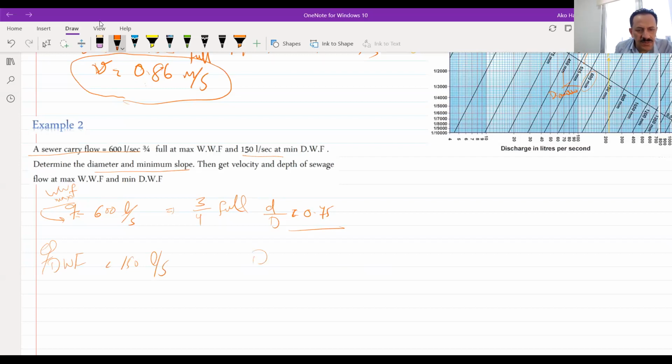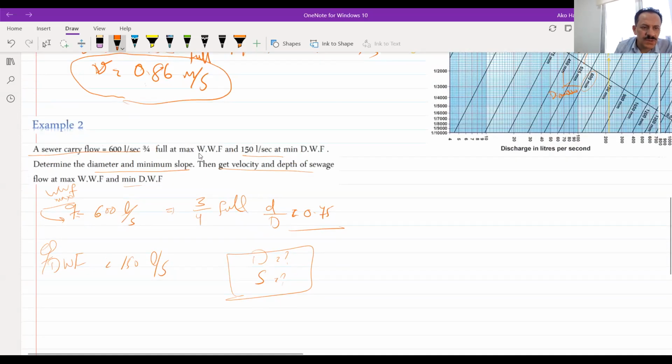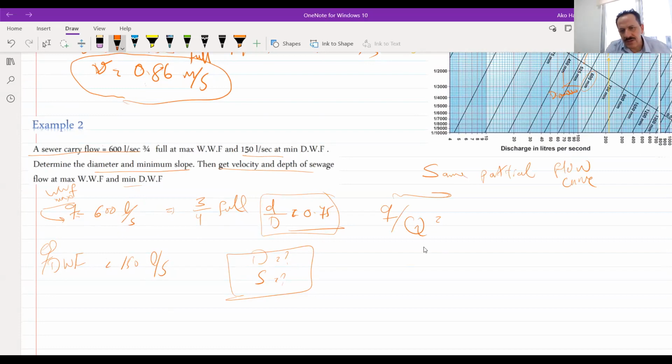So I want to see how much the diameter and the slope S of this sewer will be. Now we should follow the following steps. We have the Q, we have the d over D. For d over D equal to 75%, how much will small q over capital Q be, from the same partial flow curve? We found that already, right?